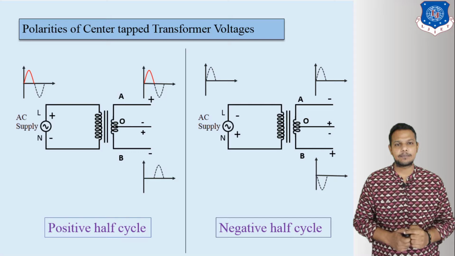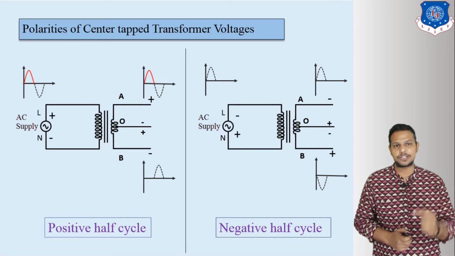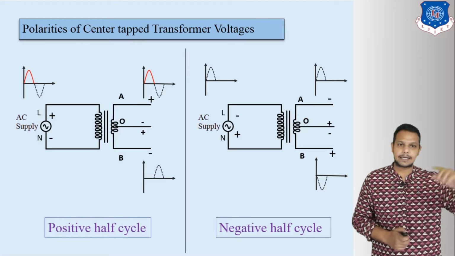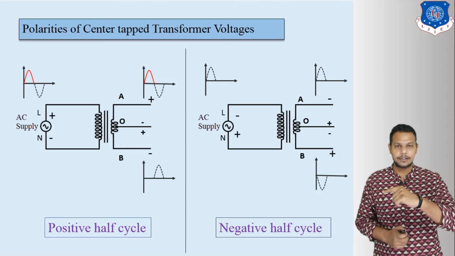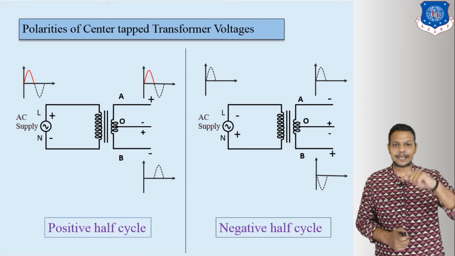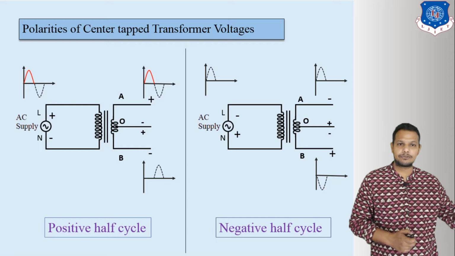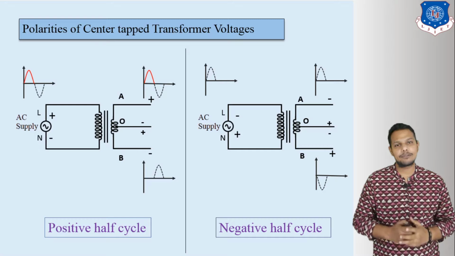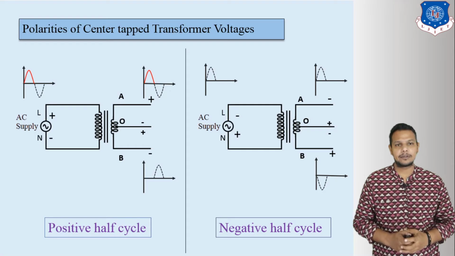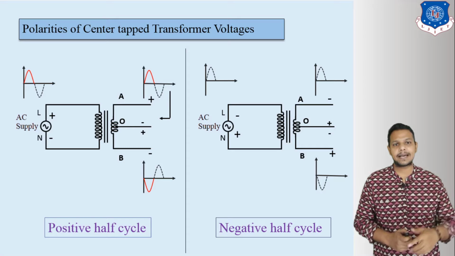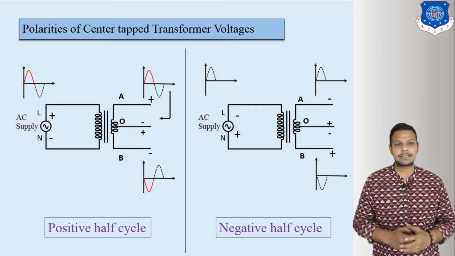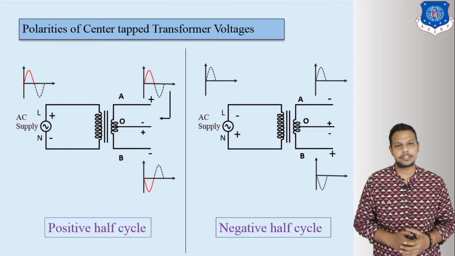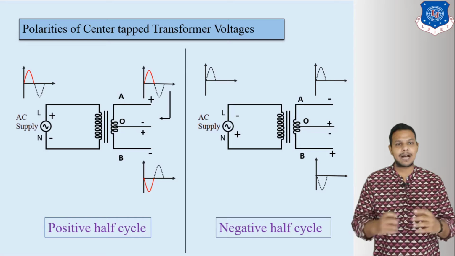But here the polarities are a little bit changed, because we find the VBO voltage at the secondary side. The main input polarities are plus to minus, but VBO is minus to plus. So both are 180 degrees phase shifted, which means we get the negative portion, 180 degrees phase shifted with the input voltage. So this is the positive half cycle.